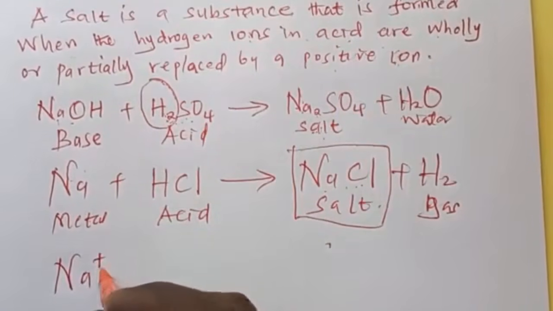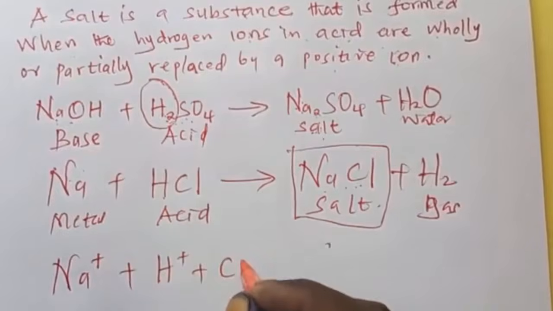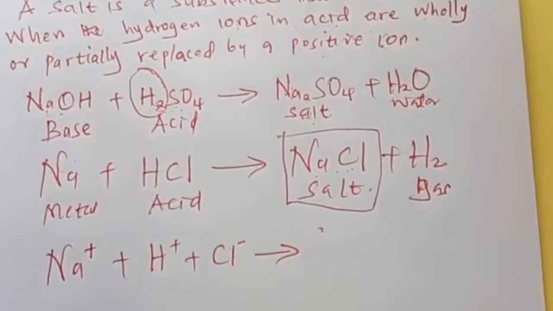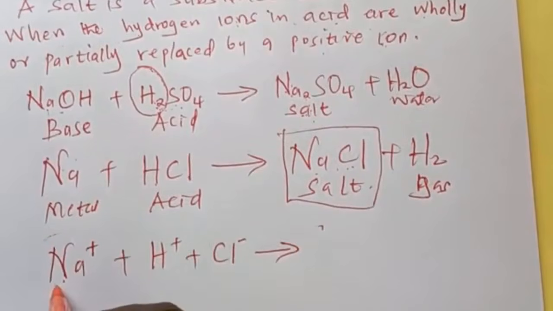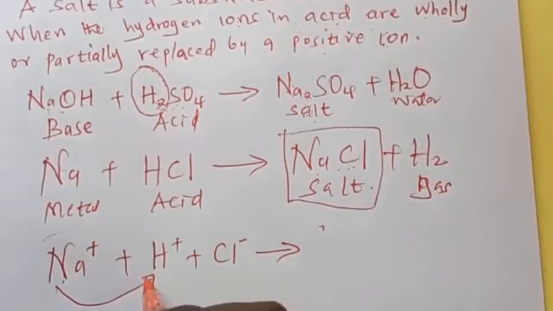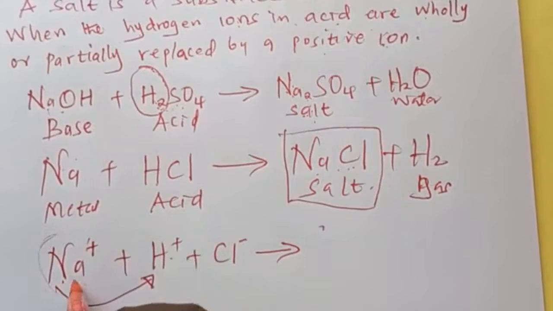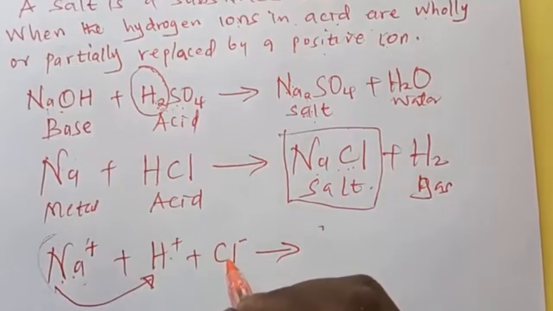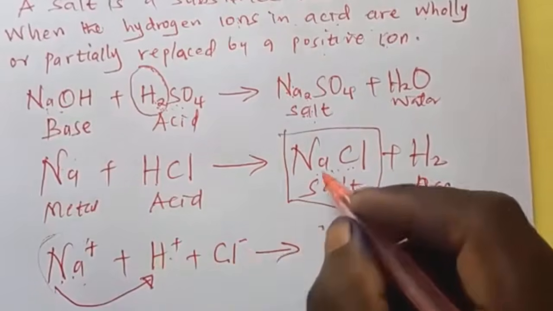Here the positive ion is, remember, sodium. Sodium is positively charged. Let me dismantle this one: hydrogen ions plus chloride ions. So this positive ion here displaces the hydrogen ion in the acid. This sodium attaches itself to chlorine and they form the salt, so we form sodium chloride.